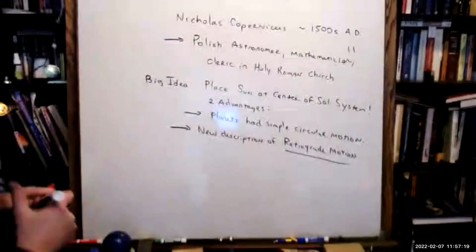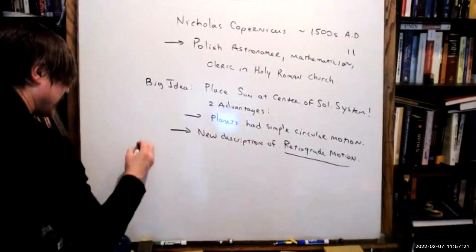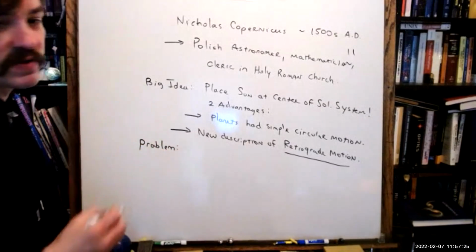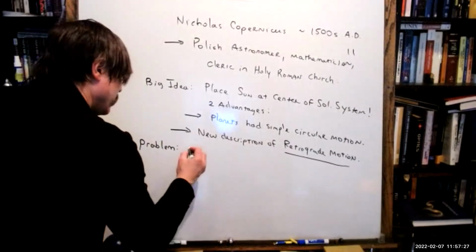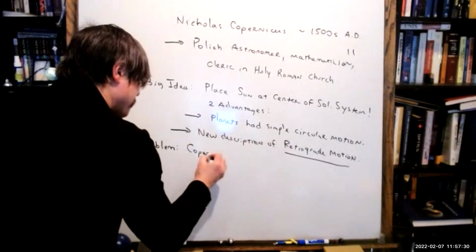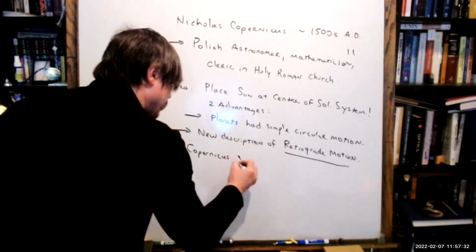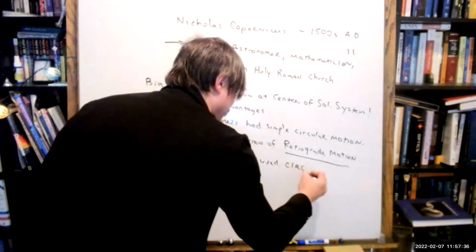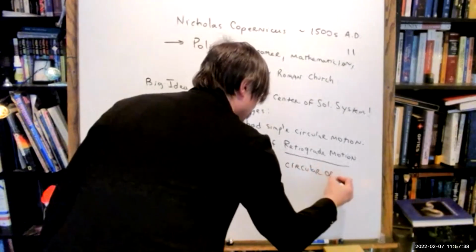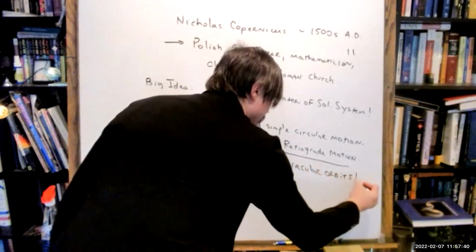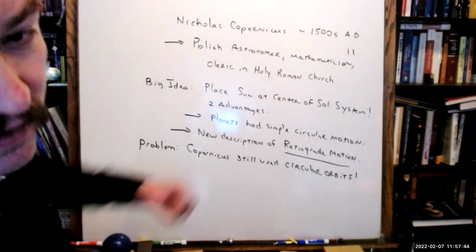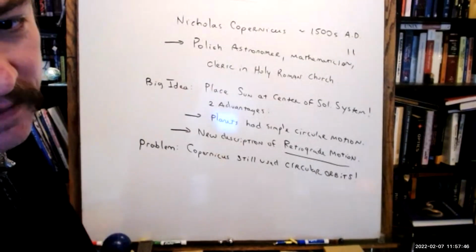However, there was a problem with the Copernican model. And the problem was this: Copernicus is still using perfectly circular orbits because he was also influenced by Plato, just like Aristotle and Ptolemy.